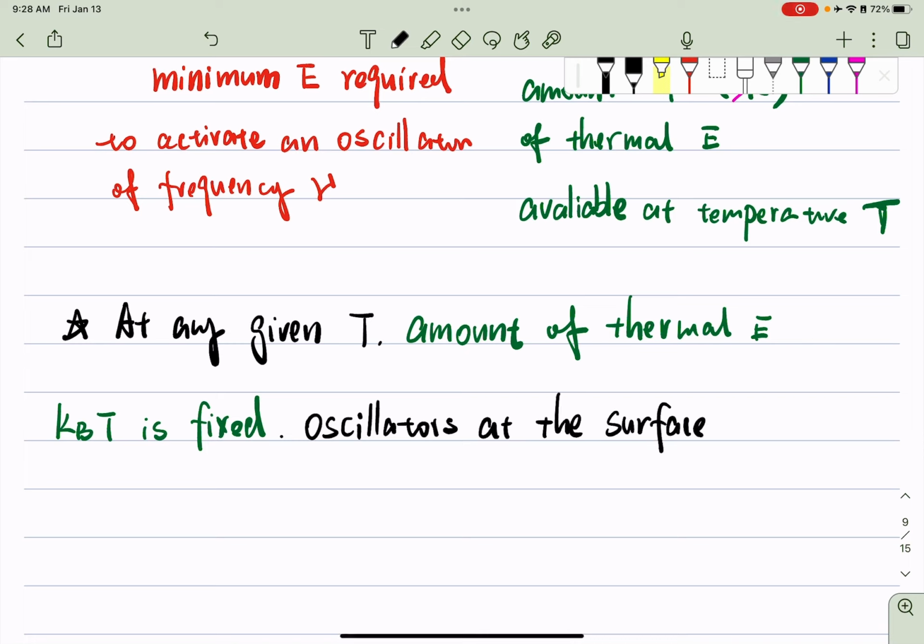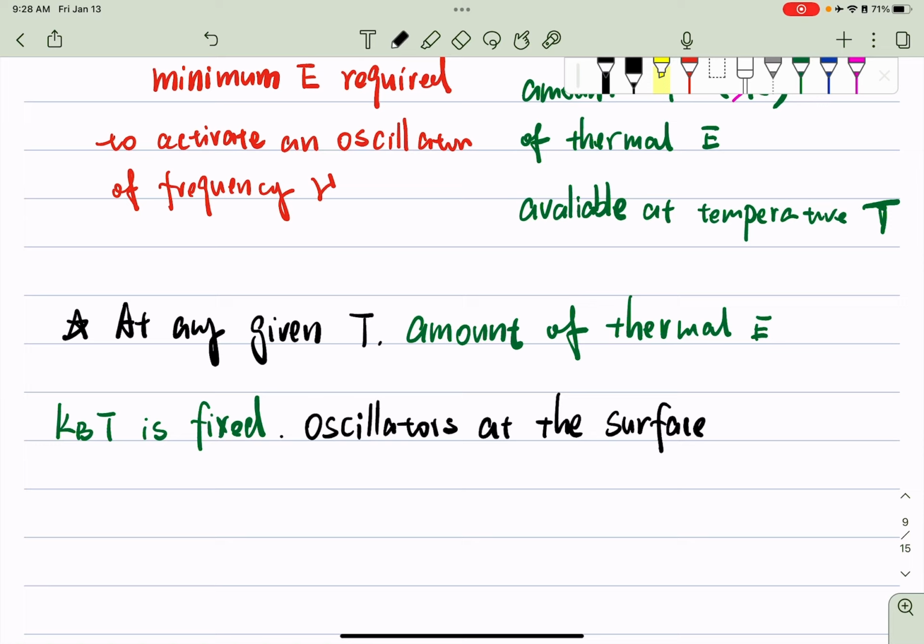Remember before, when we were talking about oscillators at the surface in classical theory, it doesn't matter how much energy you have, it will always be somehow excited with some acceleration. But now, because we need those small gaps for the oscillator to be activated, it depends on whether you have enough thermal energy available at the temperature.